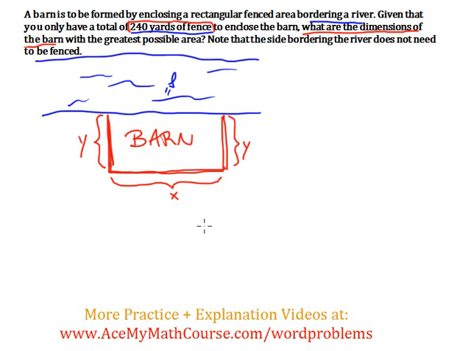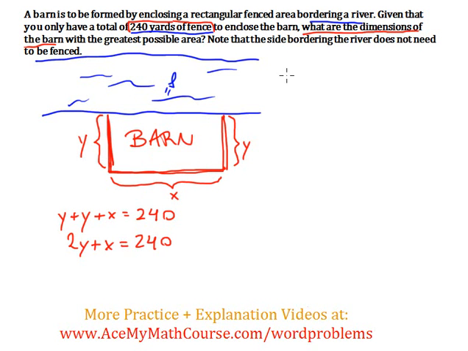Now, we know that we only have 240 yards of fence. So if I add up all these values, Y plus Y plus X, we only have 240 yards of fence. So Y plus Y is 2Y plus X is 240. And basically that's just a little perimeter here, right?